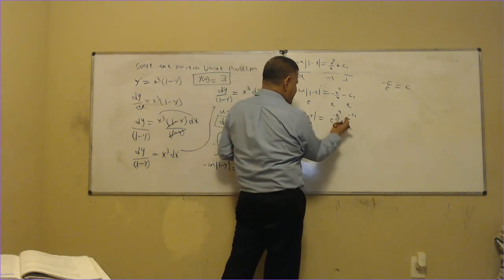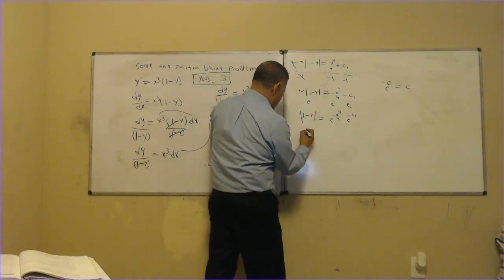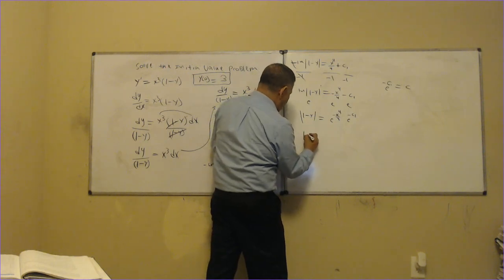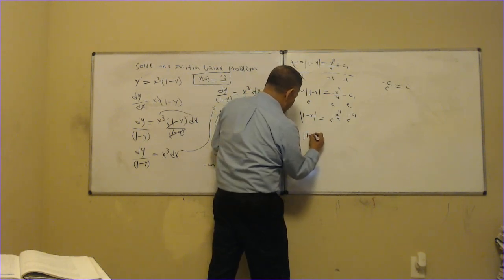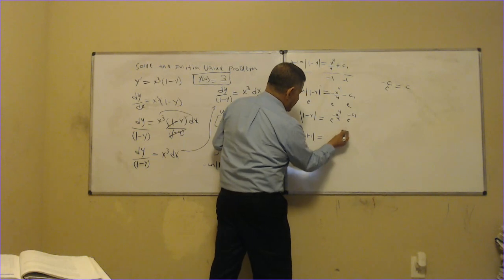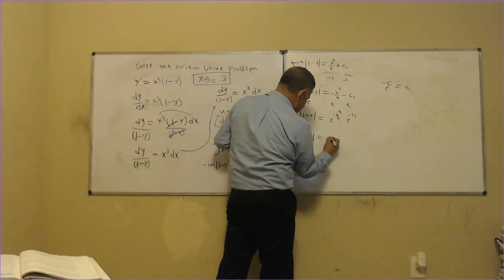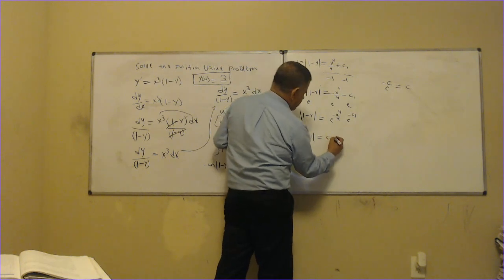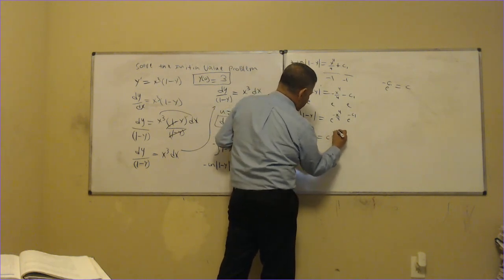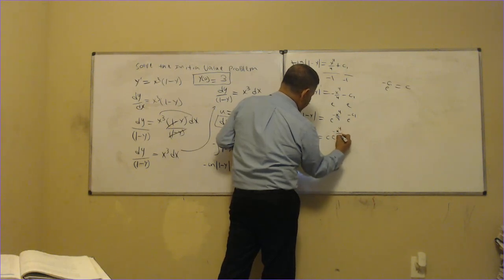Now, we can bring that to the front, and we say that the absolute value of 1 minus y is equal to C, e to the negative x to the fourth over 4.